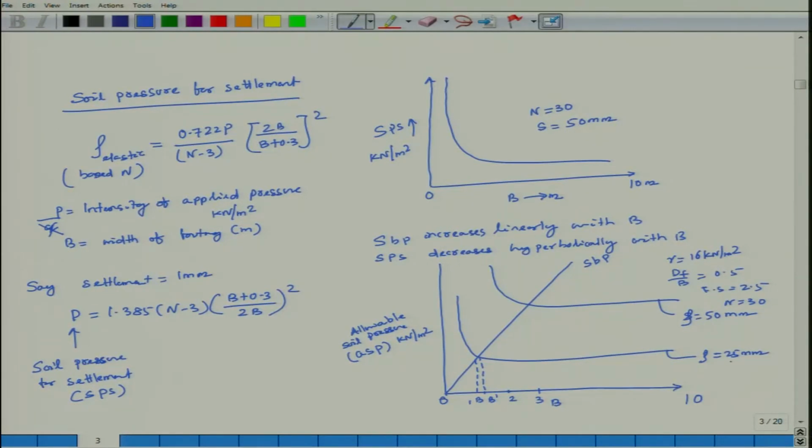Now, if I draw it in a common form in this way, here I am drawing also in this way. That means this is your 10.5 into N, this is your 21 N. Generalize it, because soil bearing pressure increases linearly with your B, and after certain B this will remain constant.